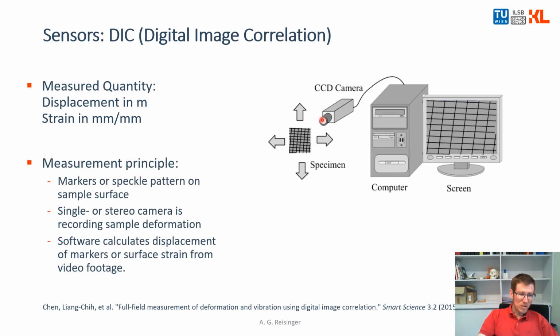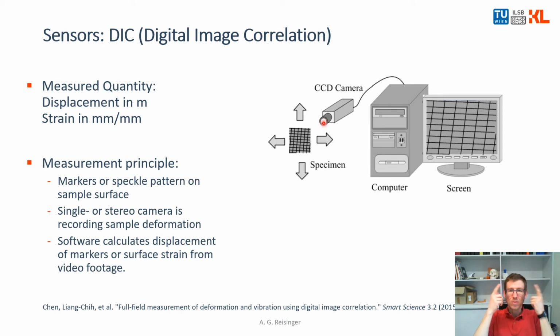And afterwards, what is written here, you can have either one camera or two cameras. We have in our lab two cameras, a stereo camera, and then you not only see the deformation in plane, but you can also track deformations out of plane, so in 3D space, when you have two cameras.